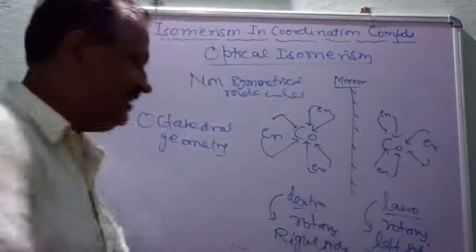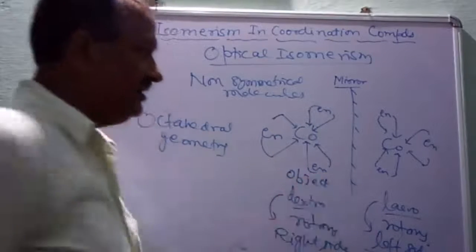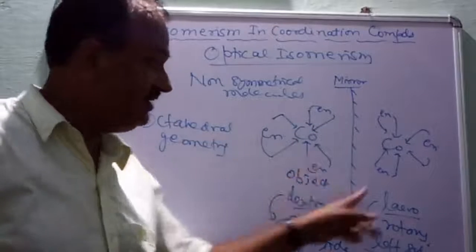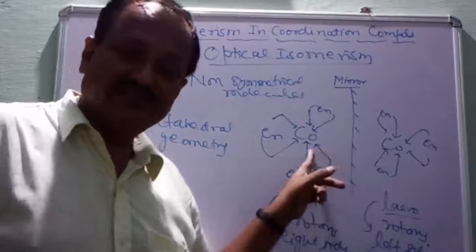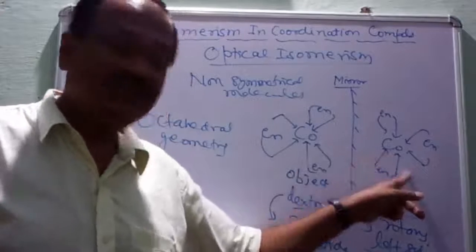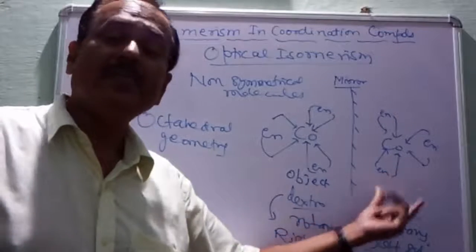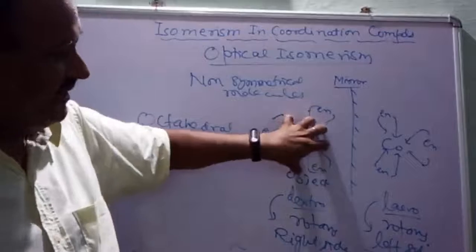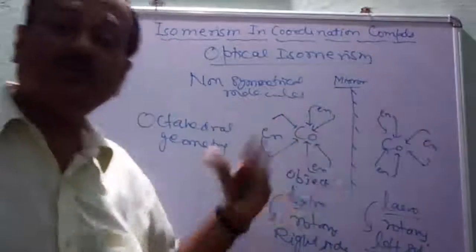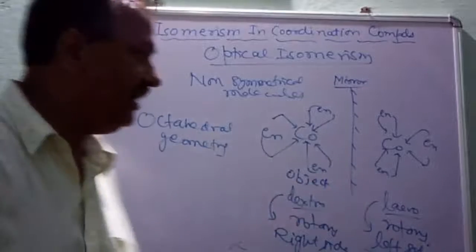So this is the object. Here there is the mirror, and so its image will be formed just opposite. This is the object, this is the mirror image. So this cannot be superimposed on this. Superimposition means if we lift and keep it here, they cannot coincide. How?